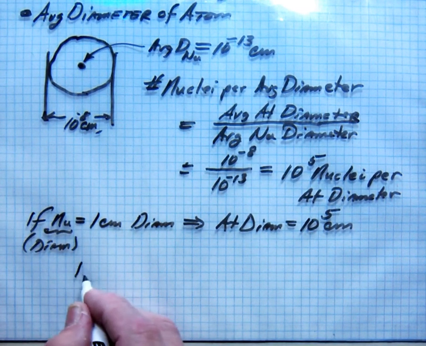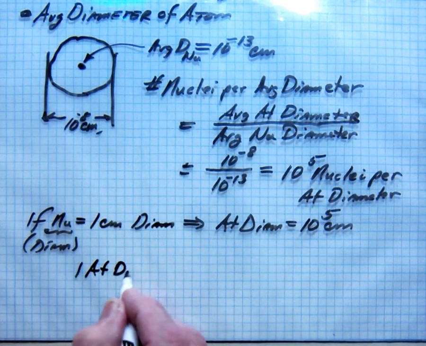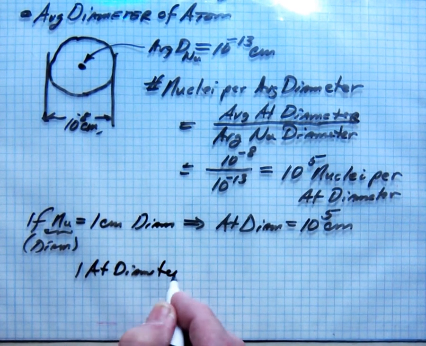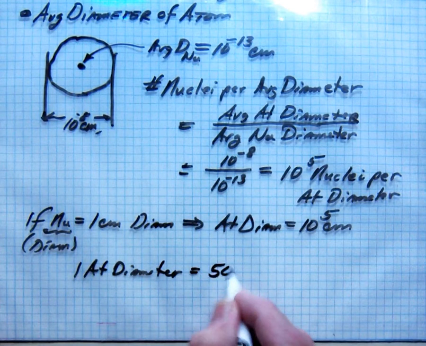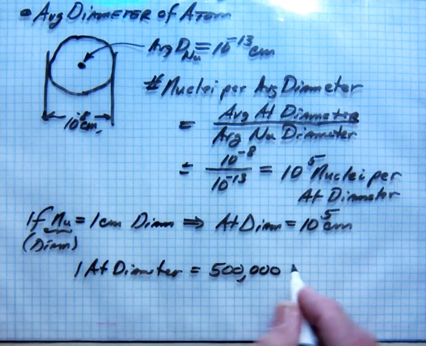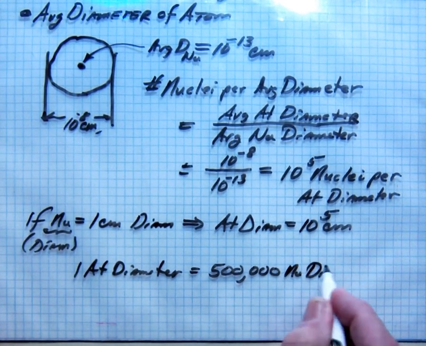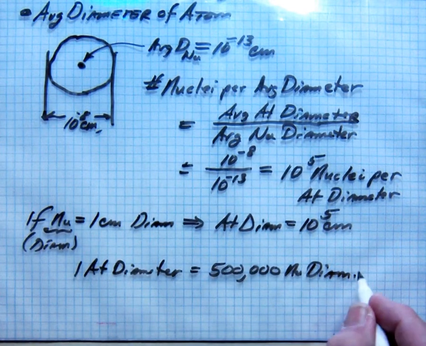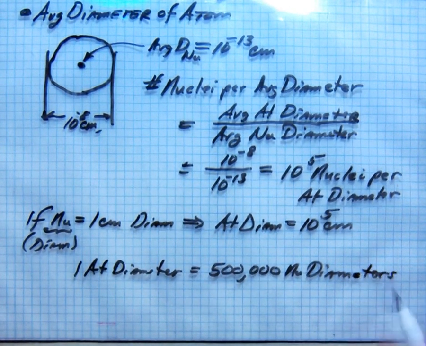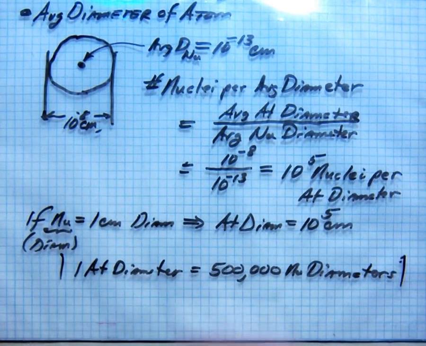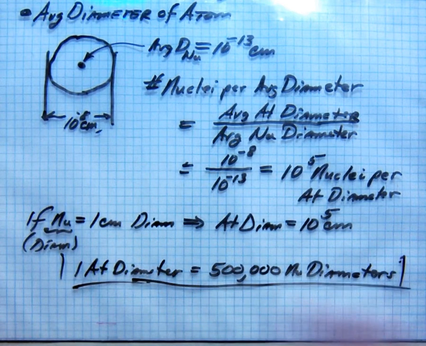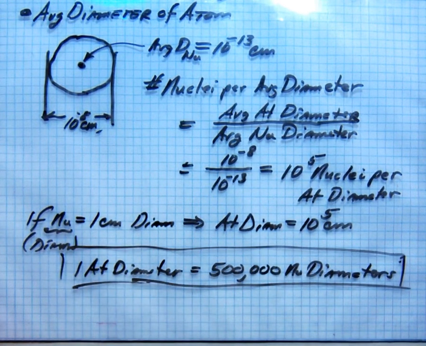So what you need to remember is one atomic diameter equals 100,000 nuclear diameters. That's simple.